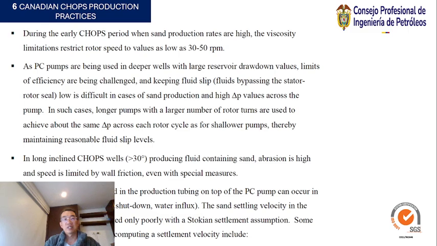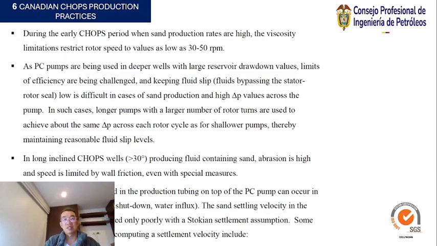Limits of efficiency are being challenged, and keeping fluid slip low, with fluid bypassing the stator-rotor seal, is difficult in cases of sand production and high delta P values across the pump.